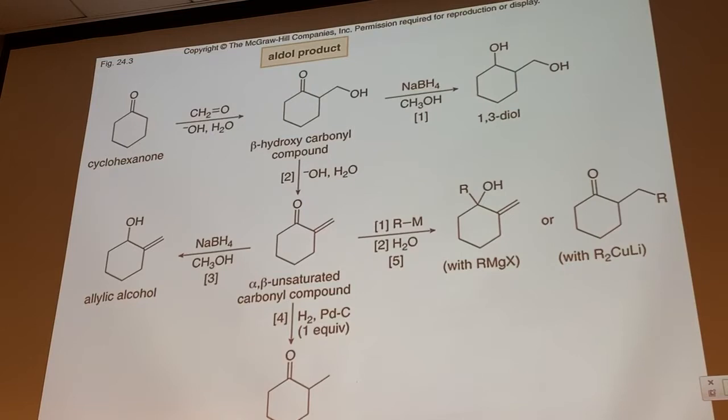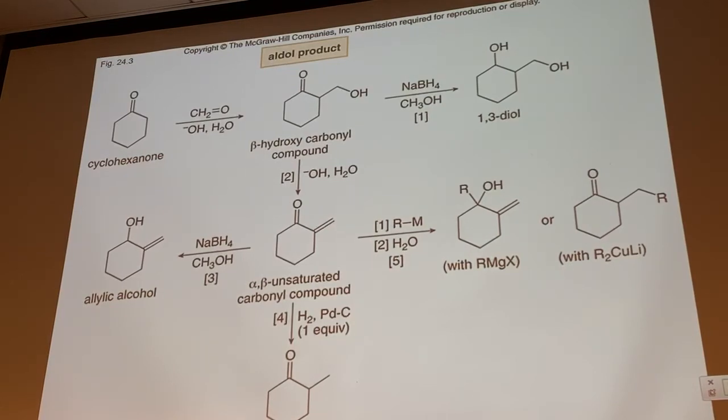And then you see that we can convert it into a whole host of different types of compounds through reduction. If we added in the heat, we could dehydrate here, and then we could reduce or add Grignard reagents or organocuprates. So aldol reactions form carbon-carbon bonds, allowing us to make larger molecules from smaller building blocks.